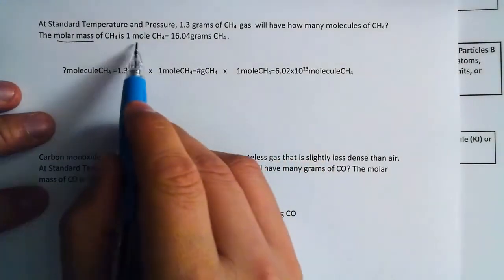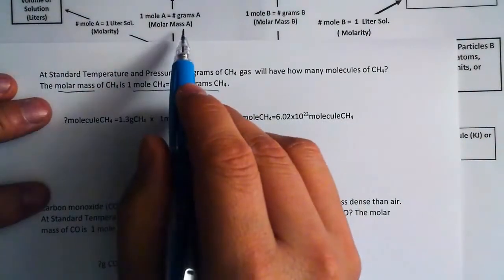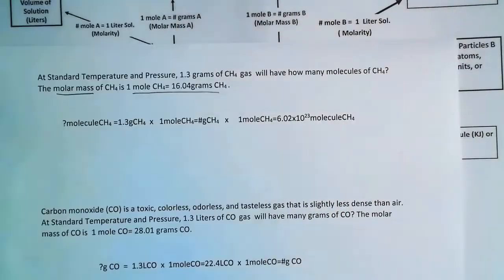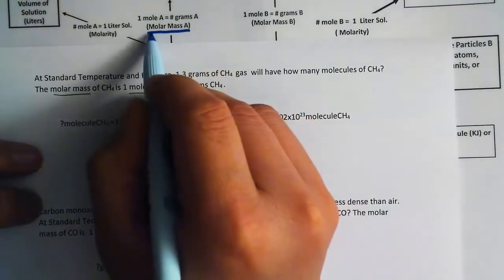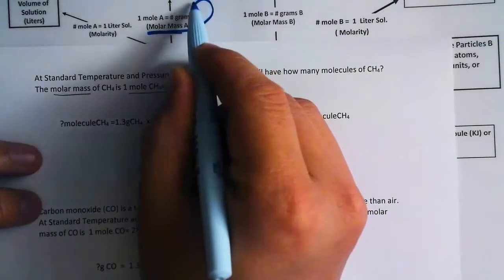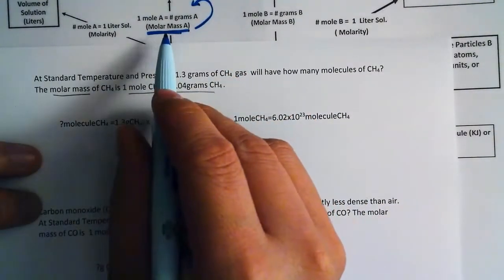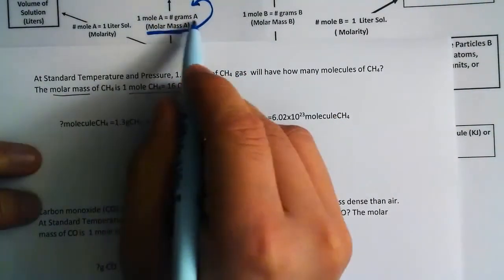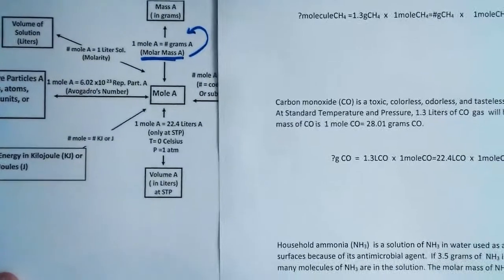Doesn't that sound very familiar? That is because this is your molar mass right there. As you can see, the nickname for this conversion factor is the molar mass. So when you are given the molar mass, think of this conversion factor. Look at these conversion factors very carefully.